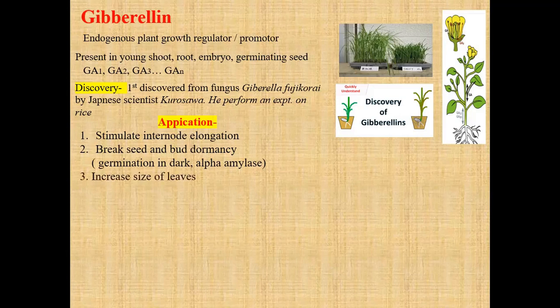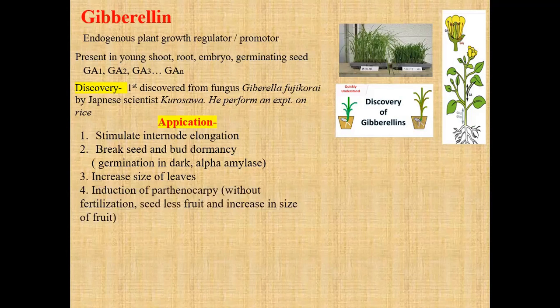Now the third function is that it increases the length or size of the leaves. Because of gibberellin, there is an increase in the number of leaves formed as well as the length of the shoots. Then it is also utilized for the induction of parthenocarpy.